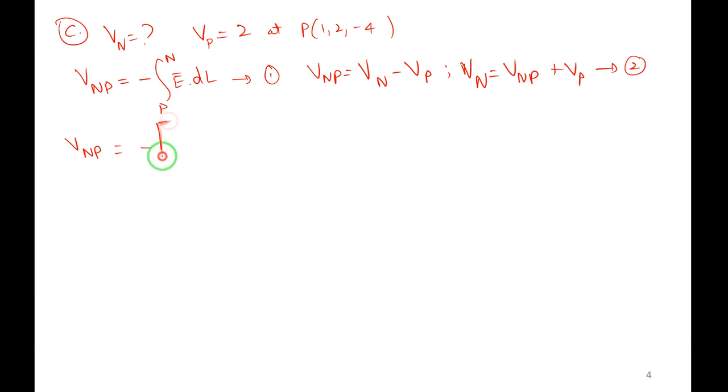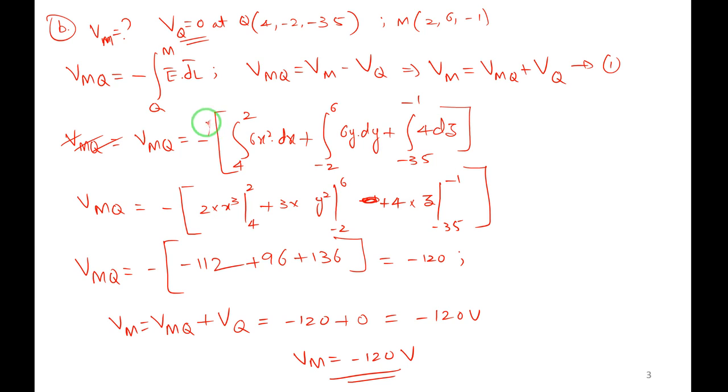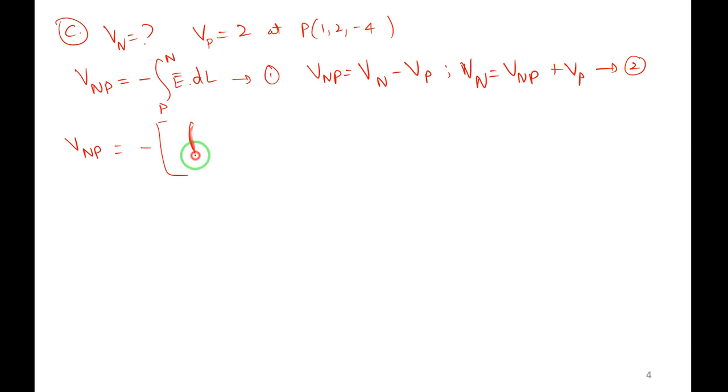Minus E dot dl, the same thing whatever I have taken previously: integration of 6x squared dx plus integration of 6y dy plus integration of 4 dz. Limits are changing.